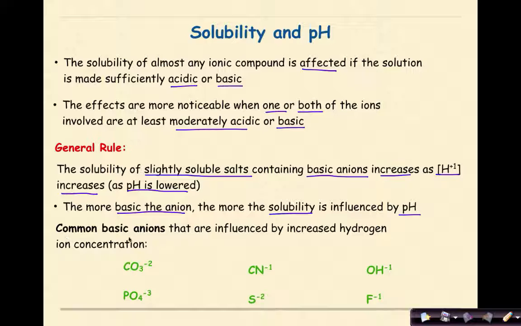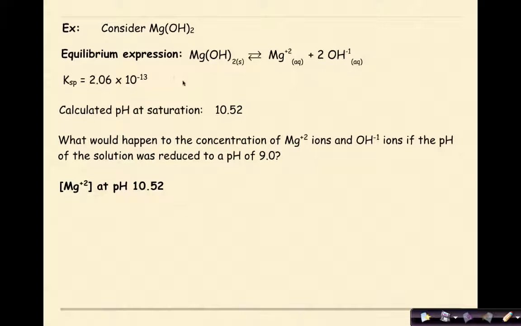So some common basic ions that are influenced by increased hydrogen ion concentration will be something like your carbonate ion, your phosphate ion, your cyanide, sulfide, hydroxide, or fluoride ions. These are all considered weak bases. So let's look at an example. Consider Mg(OH)2.